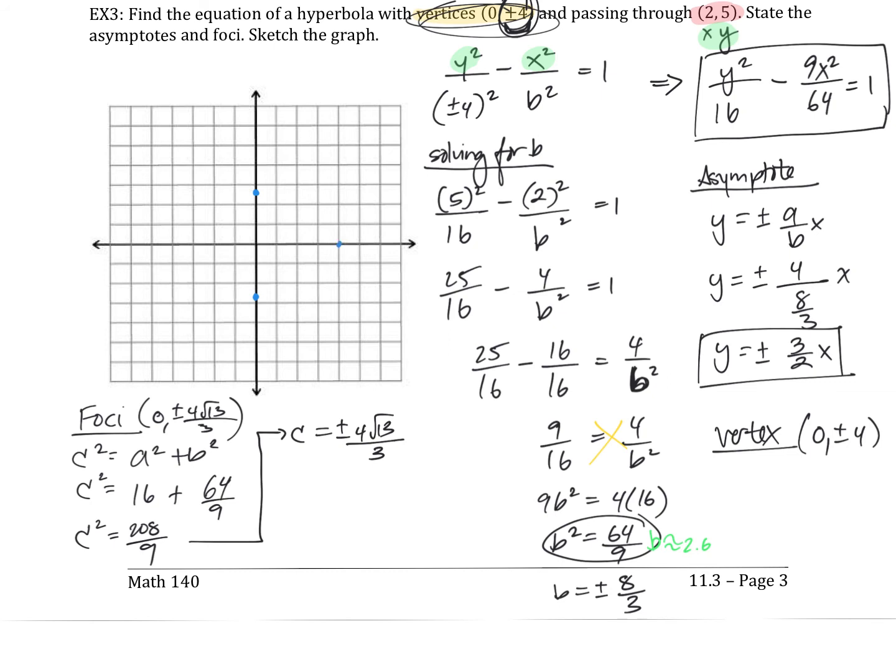Oops, I just realized I did that on the wrong axes. Once again, we're focusing on the y, so the y values should be the larger ones. Okay, so it was 4: 1, 2, 3, 4, and then about 2.6.